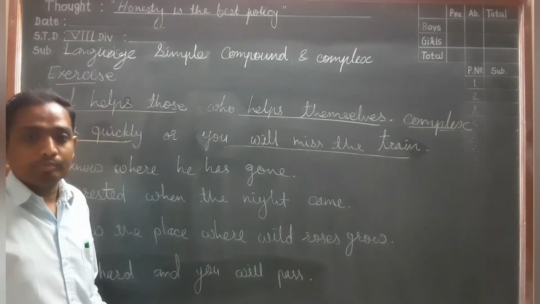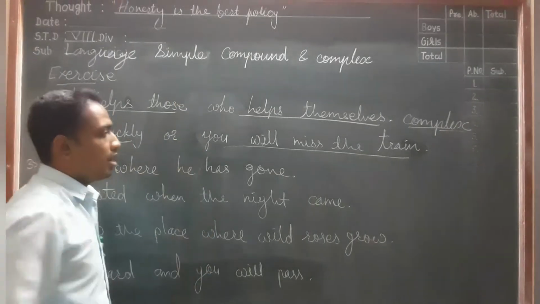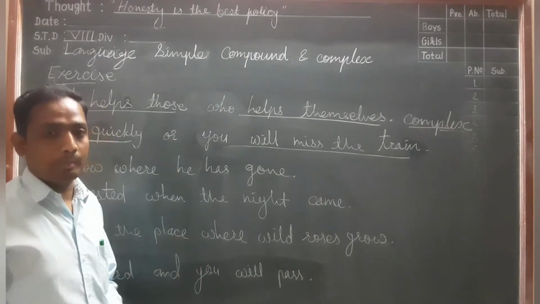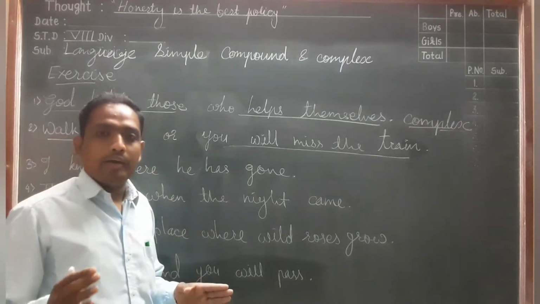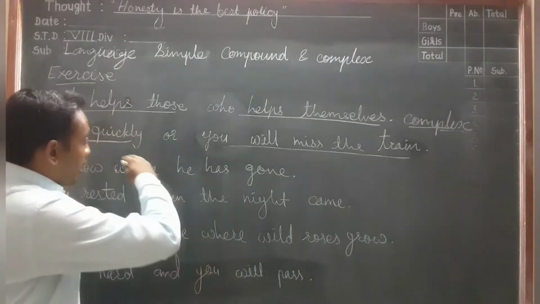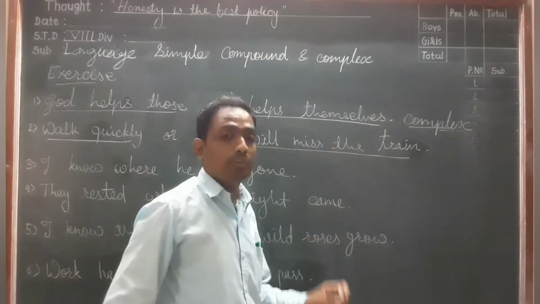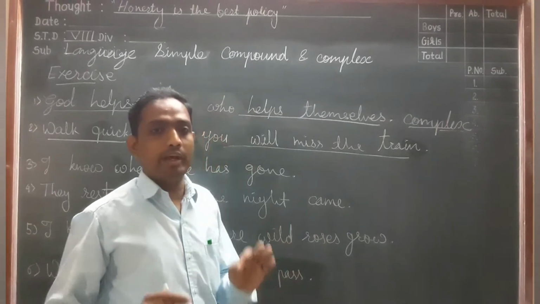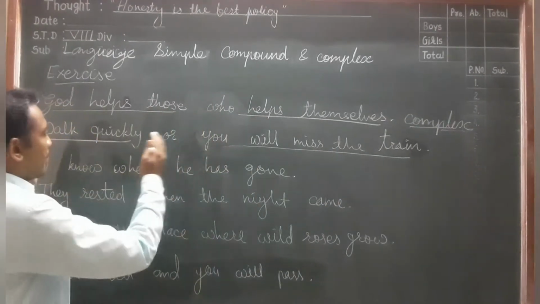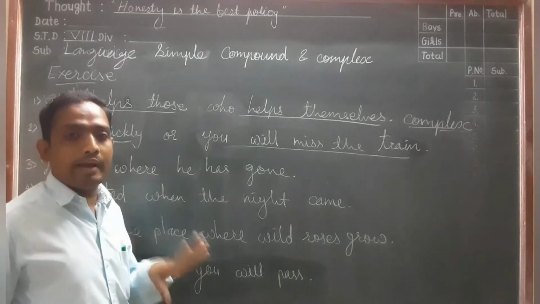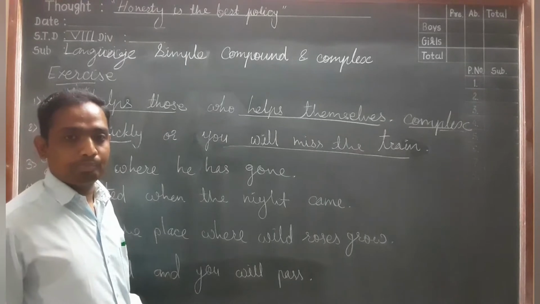But here there is a difference between the first and second clauses. Walk quickly makes its own complete meaning, and you will miss the train can also make its complete meaning. It means they are both independent clauses. They are both of equal rank.